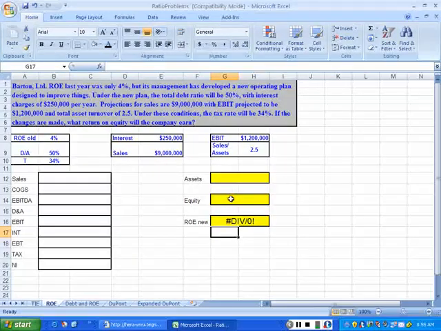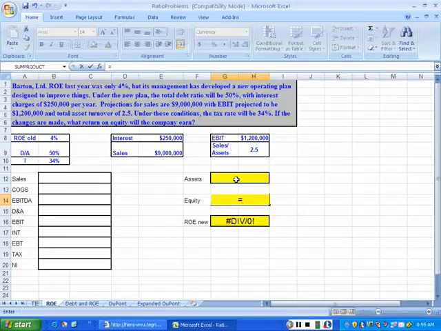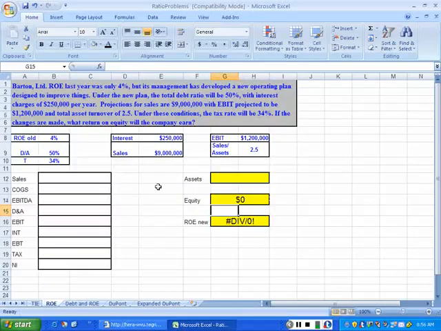So we're interested in the amount of the equity as the denominator here, and so we're going to need to first find assets. When we have that, we're going to take those assets and multiply that by 1 minus the percentage of those assets that's in the form of debt. So over here, the debt ratio of 50%. Once we find these things, we're going to be able to work our way through to come up with that.